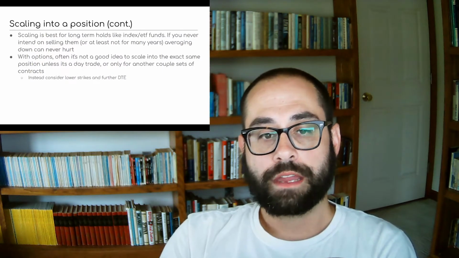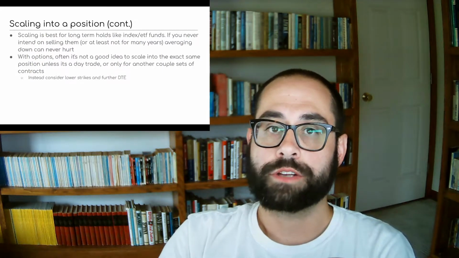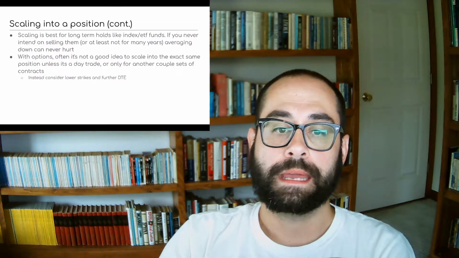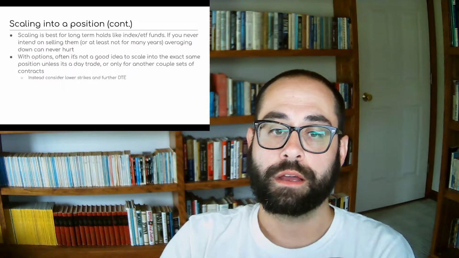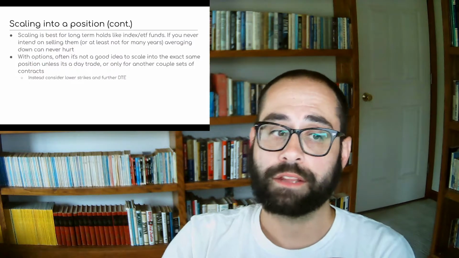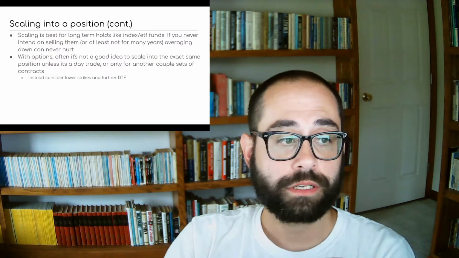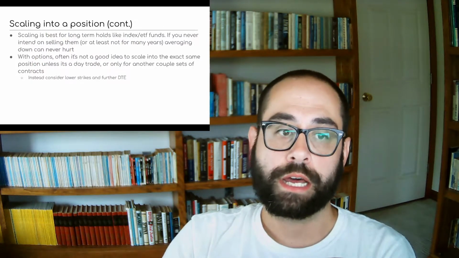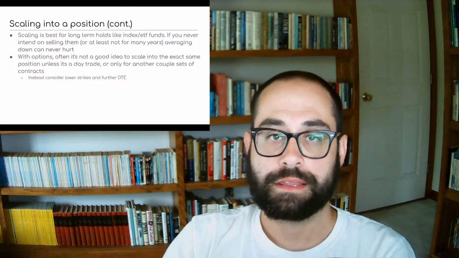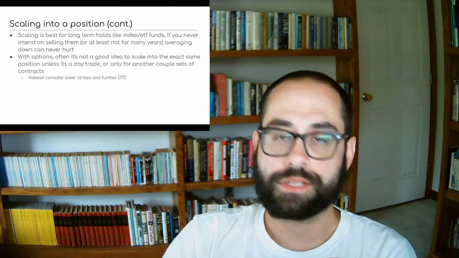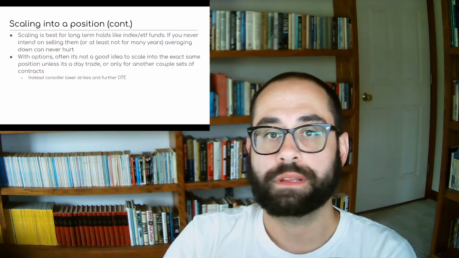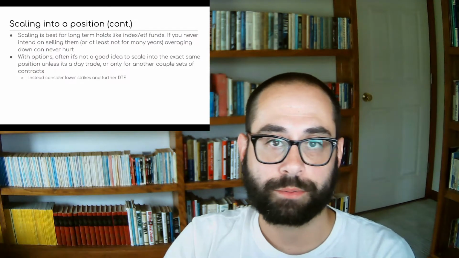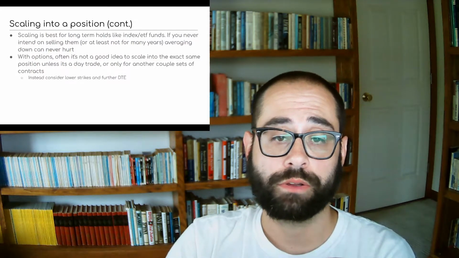The other thing I'm saying there is only for another couple sets of contracts. So say I'm using the strategy of a put credit spread, and it's 45 days to expiration. And I have one contract, and then literally the next day the stock goes down. But I still think that that position will be totally fine in the number of days I have to expiration and the strikes that I chose.